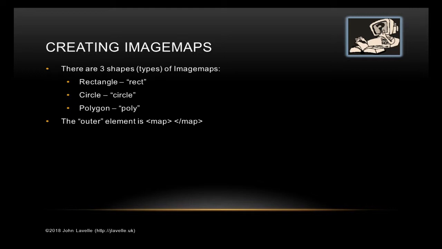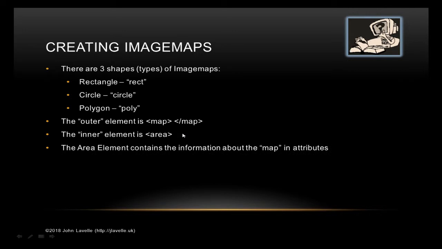The outer element of the image map is called map, and it must have a unique name because the image element needs to be able to call it. The inner element is called area, and this does not have a closing tag, whereas you can see map has a closing tag.